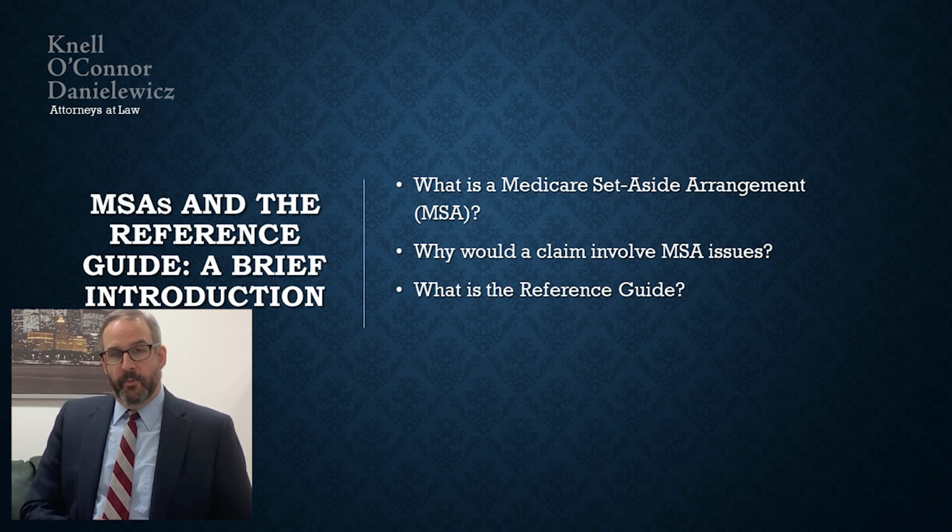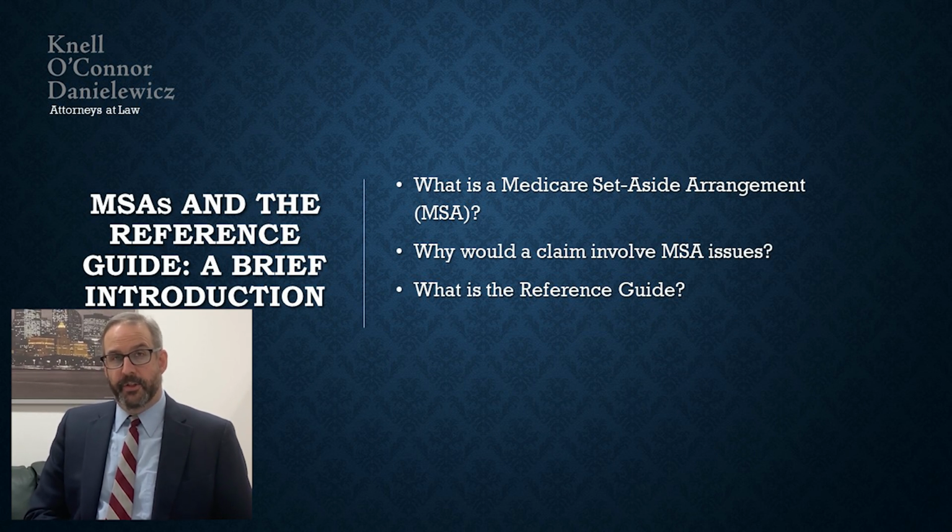One main difference between workers' compensation and liability law with regard to the issue of future medical expenses is that for workers' compensation, CMS has offered a formalized program for submitting a proposal that Medicare will approve.